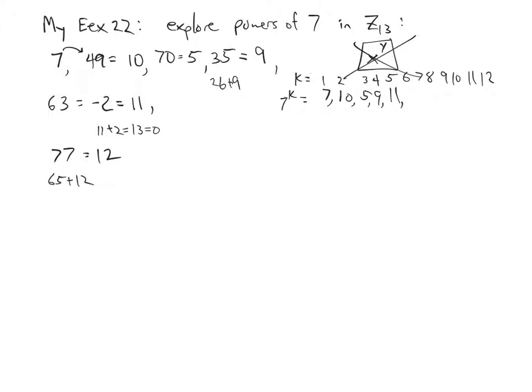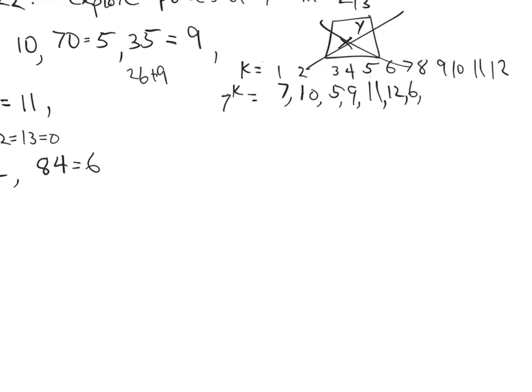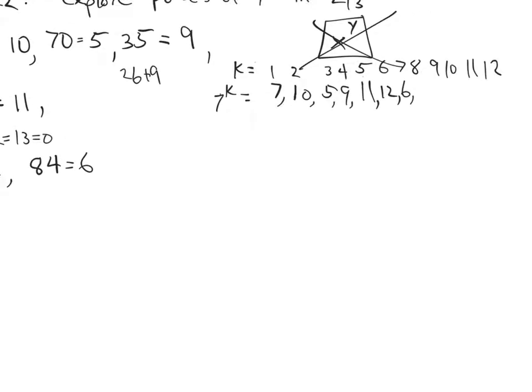Okay, so this is 12. And the next one, 12 times 7 is 84, I believe, which is 6. I made that too small, but guess what? We can zoom in. Okay, and right, because it's 78 plus 6.